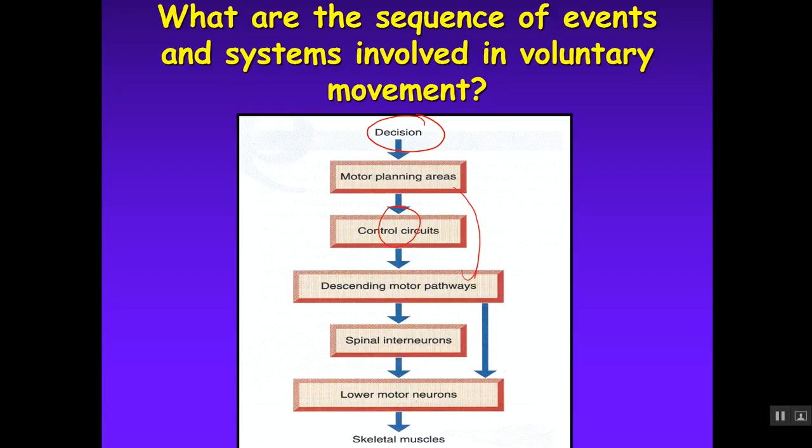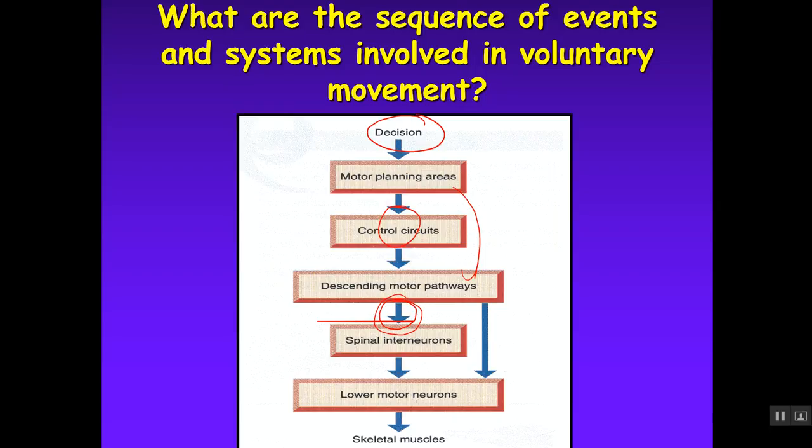signal down through the descending motor pathways, typically, most of the time, those are also going to fall on spinal interneurons. Okay, so some of those descending motor pathways, the corticospinal tracts and the brainstem tracts, will fall in the anterior horn, not directly onto an anterior horn cell. Some will, but a lot of them will fall on spinal interneurons near the anterior horn cell, and can influence the anterior horn cells through that connection.